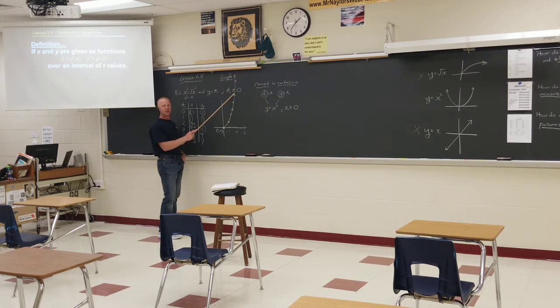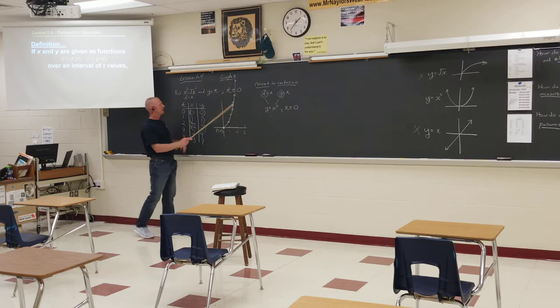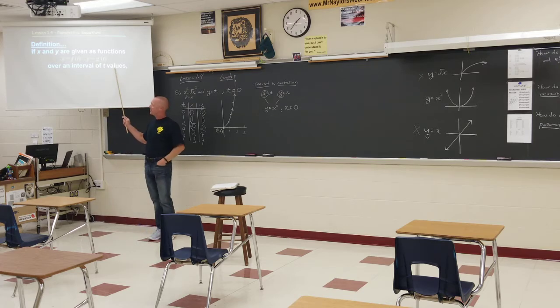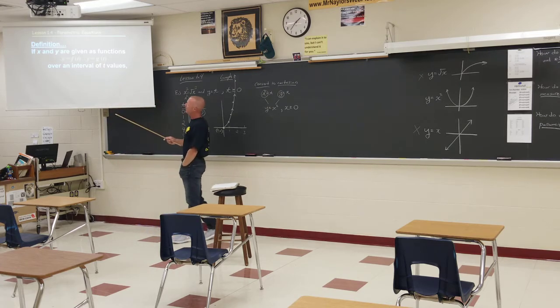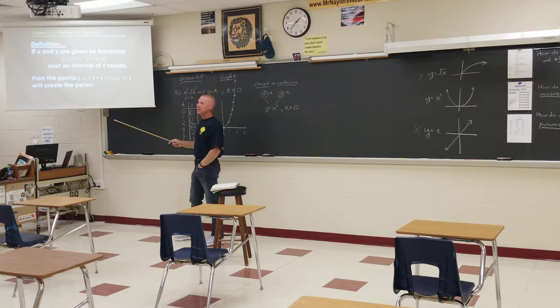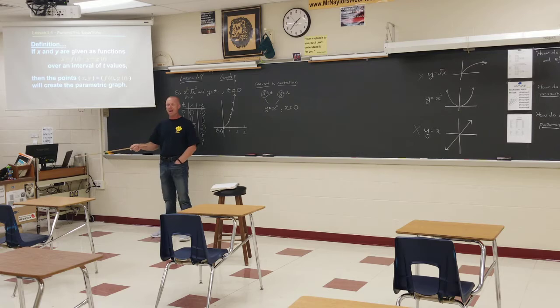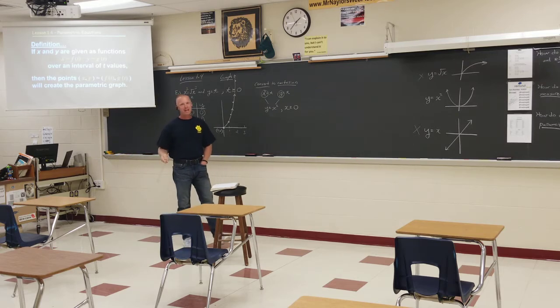Now, if you're saying, wait, how did we know it was greater than or equal to 0? Because those are the only kind of t values you can plug in. And so we have a certain interval of t values. Now, if you have that, then when you plug in t, you'll get an x, and when you plug in t, you'll get a y. And those x and y points, well, they make your parametric graph.